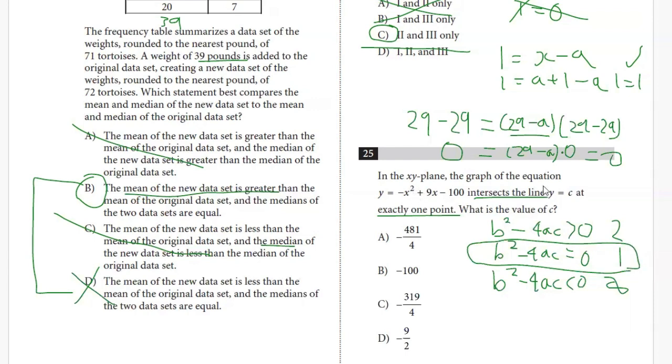So we need to be using this. I'm going to set these two equal to each other: minus x squared plus 9x minus 100 is equal to c. And I'm going to rearrange this all together. And then minus 9 squared plus 4 times a is 1, c.